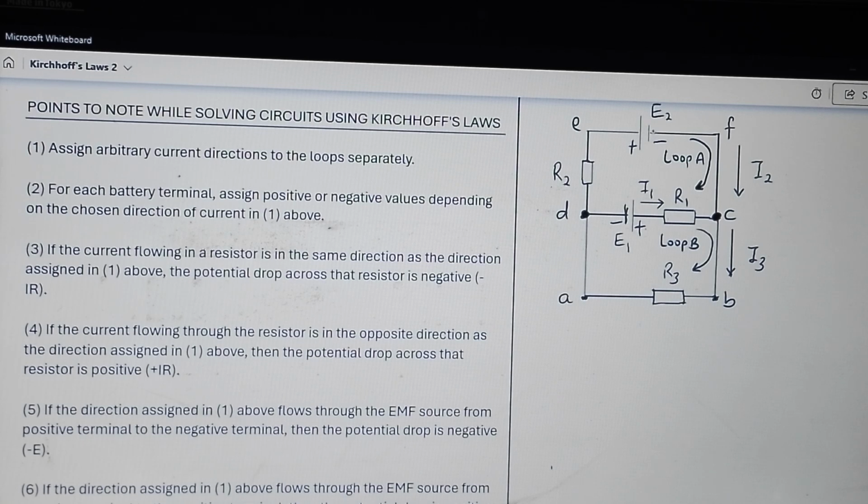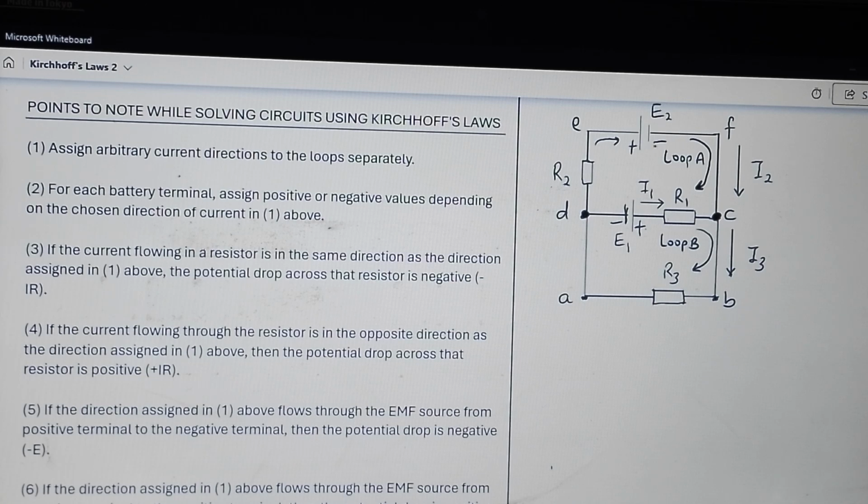This is your battery terminal, like the EMF. Since we have chosen this direction of current, an arbitrary direction, it goes round, meaning it will come through this point like this. So it enters through this point and leaves through this point.